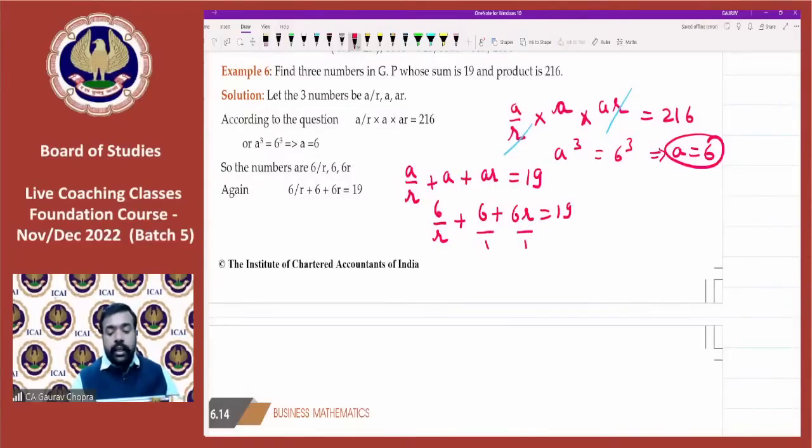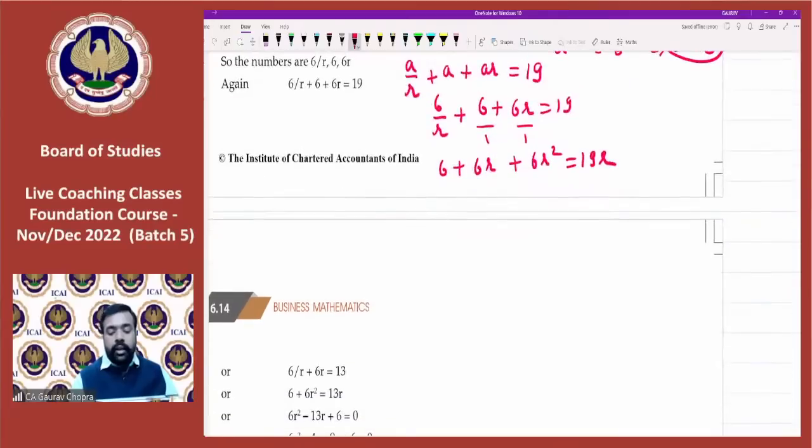Now we can take the LCM. 6 plus 6R plus 6R square is equal to 19R. And it will become the quadratic equation. So 6R square minus 13R plus 6 is equal to 0.